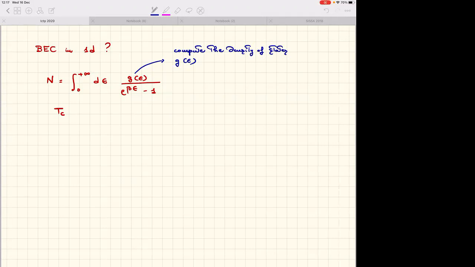Okay? So do me a favor, if you would have time, try to do this exercise. What you should get, you can easily guess. There isn't a Bose-Einstein condensation transition in 1 dimension.